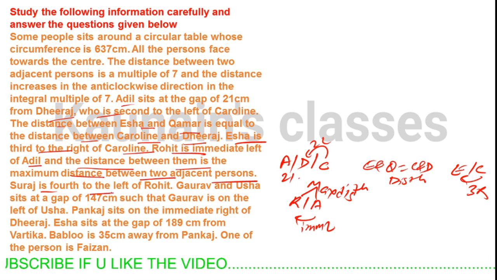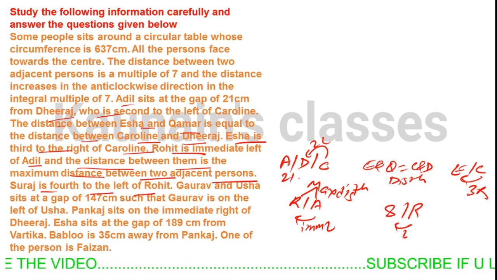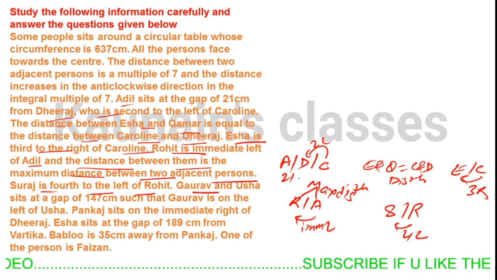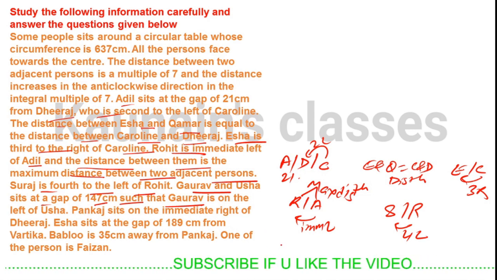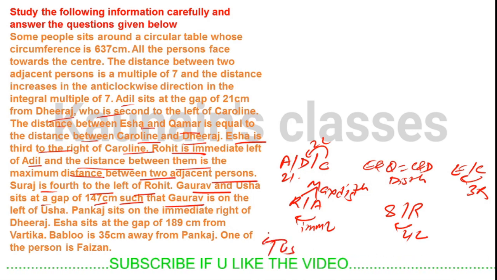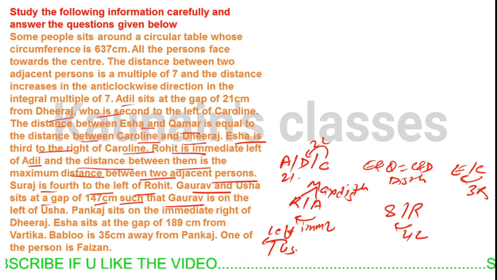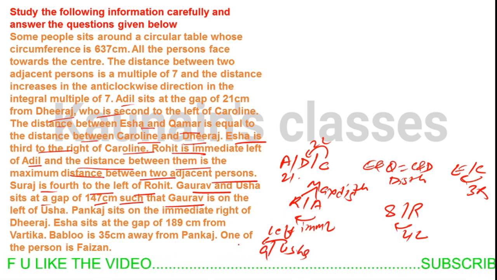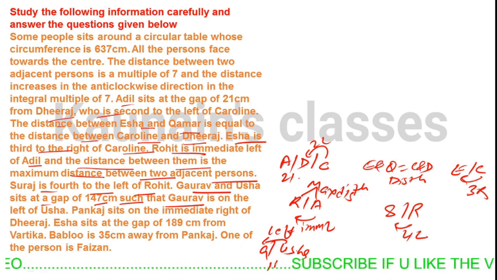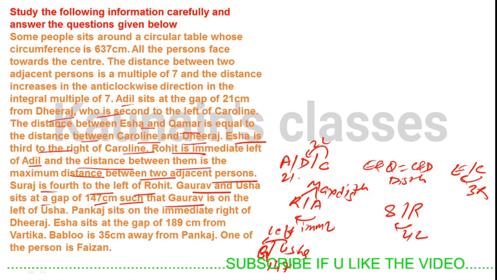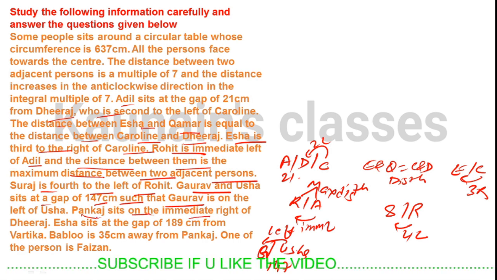Suraj is fourth to the left of Rohit. Gaurav and Usha sit at a gap of 147 centimeters, and Gaurav is on the immediate left of Usha. Pankaj sits on the immediate right of Dheeraj.